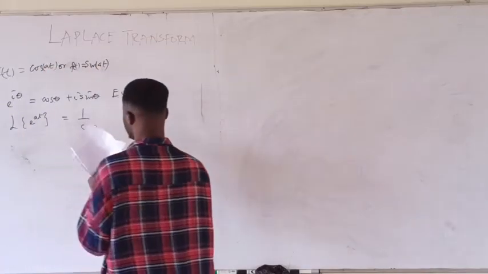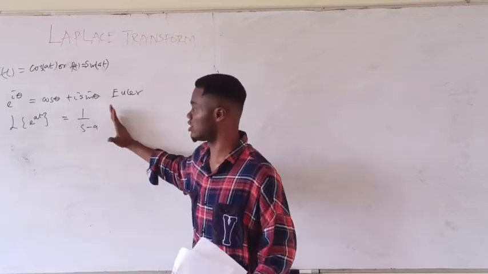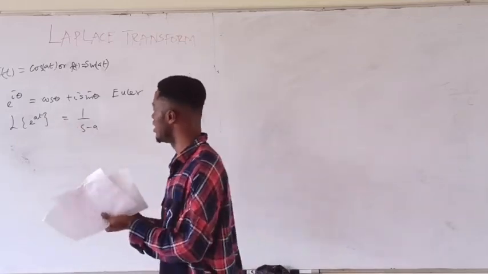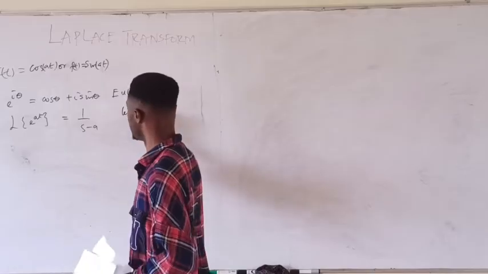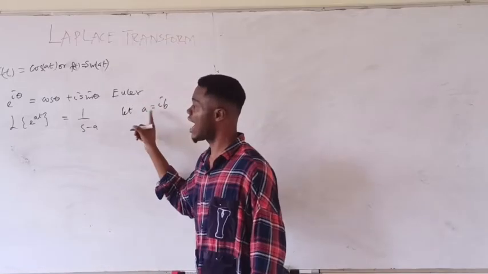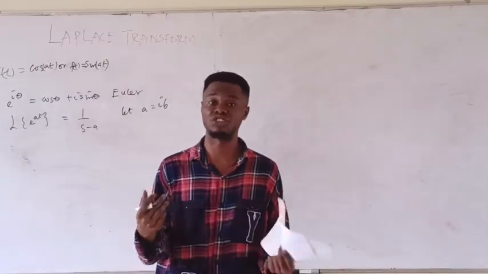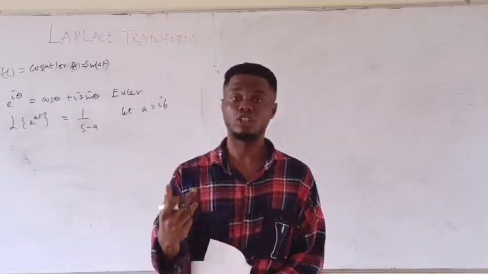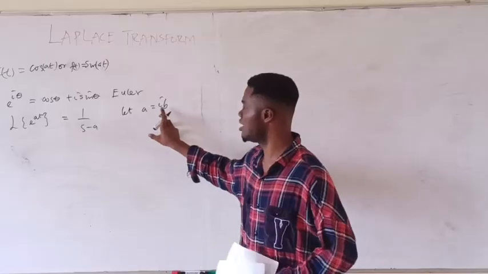Now, let's say that a is equal to ib. This i that you see here, of course, is an imaginary number. So let's assume that a is equal to ib.